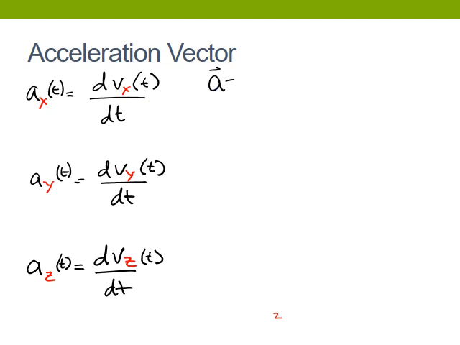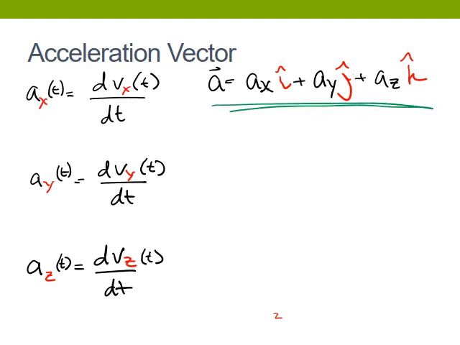So my acceleration vector is going to be my x component in the x direction, so i hat, plus my y component in the y direction, so j hat, plus the z component in the z direction, so k hat. And there is now my acceleration vector.